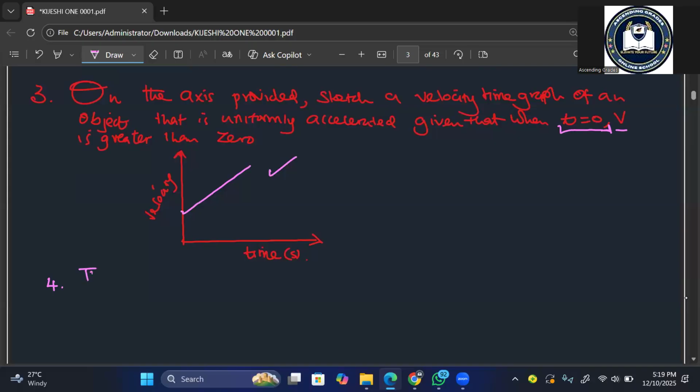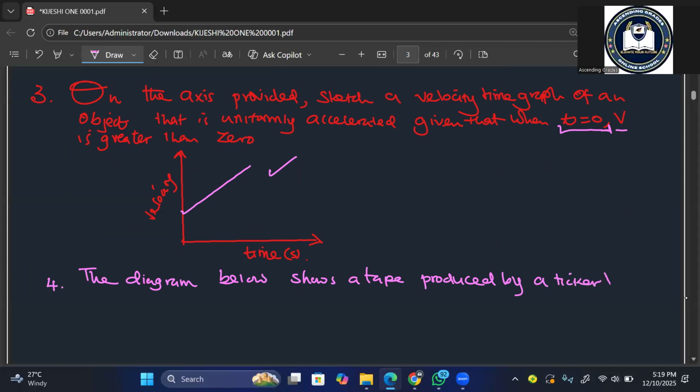The diagram below shows a tape produced by a tick timer with a frequency of 50 hertz.